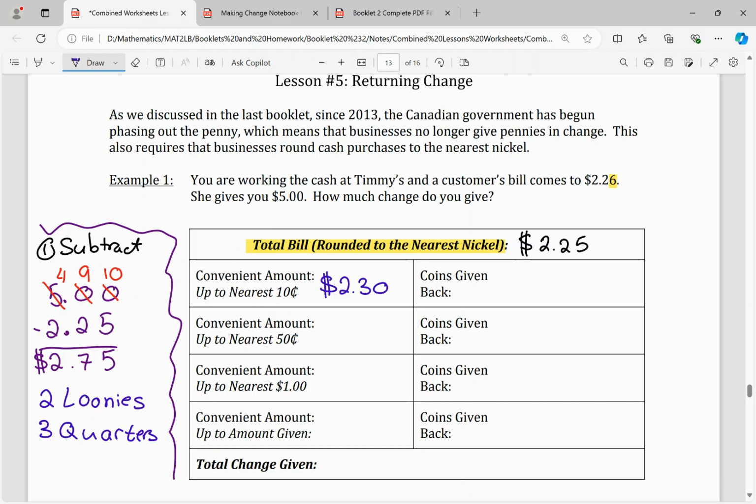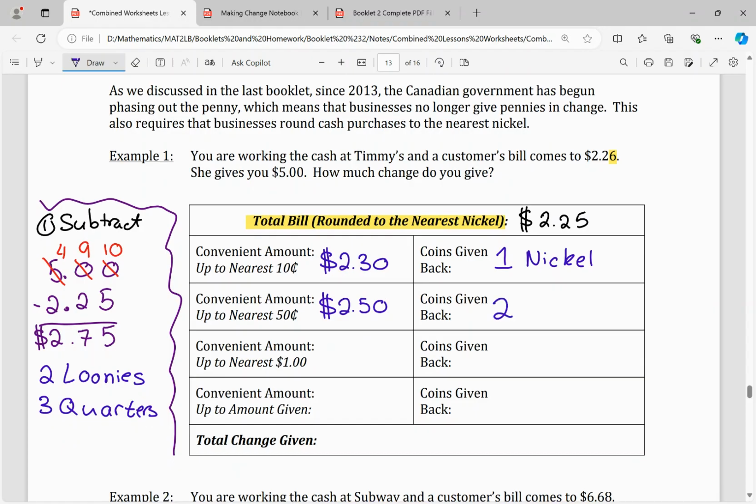Now, in order to get from $2.25 to $2.30, I just need 1 nickel. Next, I am going to go up to the nearest 50 cents. So let's see what kind of coins I need to go from $2.30 to $2.50. Well, that's 20 cents. I can do that with 2 dimes.